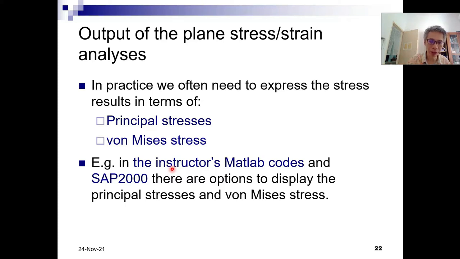Later you will learn also that in the code that I wrote, there is an option to display the stresses, whether in Cartesian components, principal stresses, or von Mises stress. So let's now discuss, or review, what these stresses are, okay? Because I think this is important.